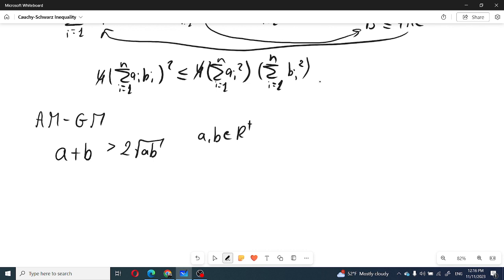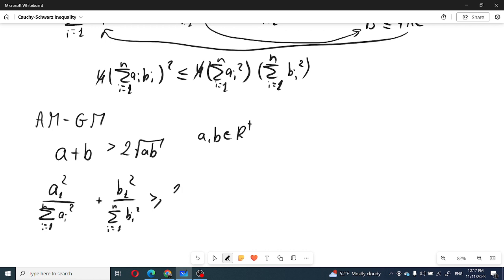And in this case we will consider a1 square over the product of the ai squares, i equals from 1 to n, plus b1 square over the product of the bi squares, i equals from 1 to n. By using this inequality, we know that each term is positive, so we can apply AM-GM.